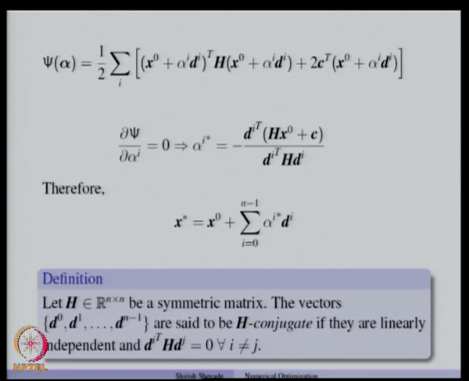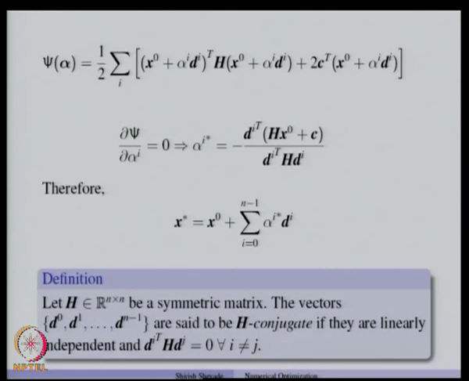That means the set d0 to dn minus 1 forms an orthogonal set of vectors. So, that is a special case of H conjugate vectors when H is the identity matrix. Sometimes this is also called an H orthonormal set of vectors, so the vectors are orthonormal with respect to the matrix H, which is a symmetric matrix. These are called conjugate vectors, or H conjugate vectors, with respect to the matrix H.